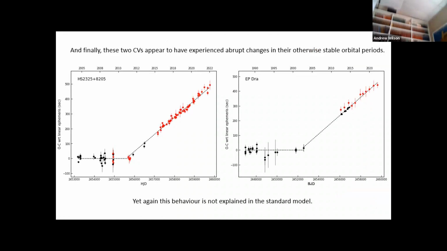EP Draconis is a polar, whereas the other, the HS star, is just a regular SU Ursae Majoris CV, I think. So yet again, that's behavior that certainly isn't explained in the standard model. And I've asked both Christian Knigge and Bob Patterson, showed them these diagrams and said, what's going on here? And they basically said, we don't know. We just do not understand why stars will suddenly do that sort of thing.